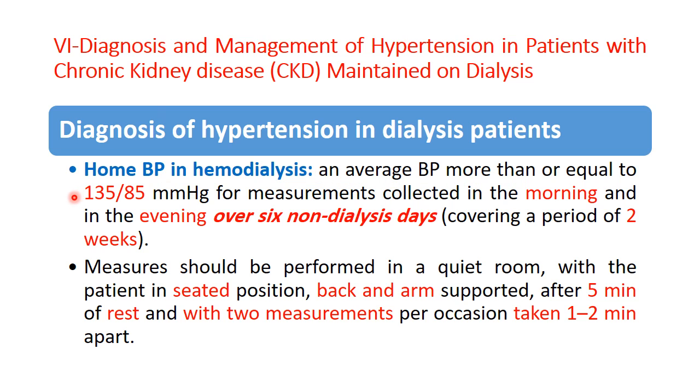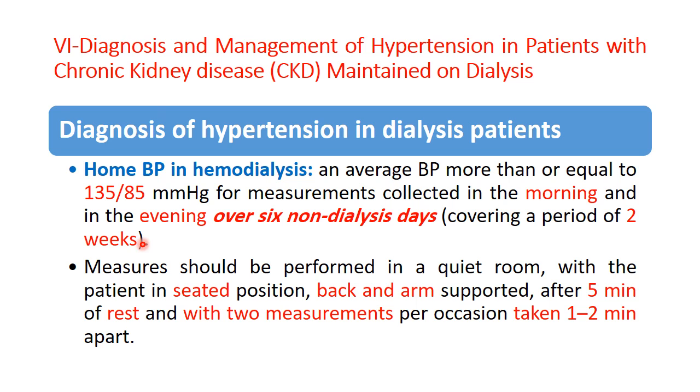Average blood pressure more than or equal to 135 over 85 millimeter mercury for measurements collected in the morning and in the evening over 6 non-dialysis days, covering a period of 2 weeks.